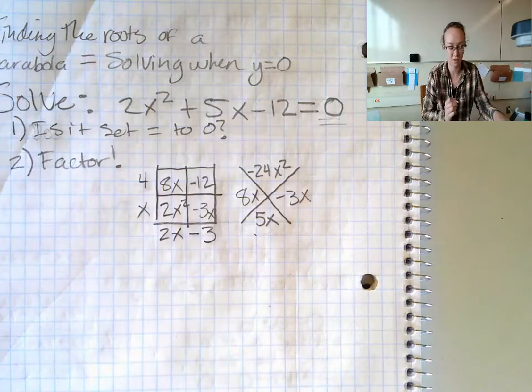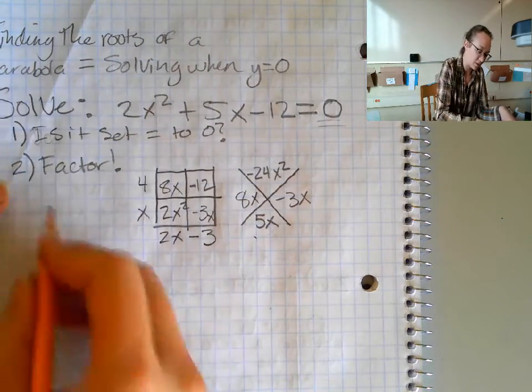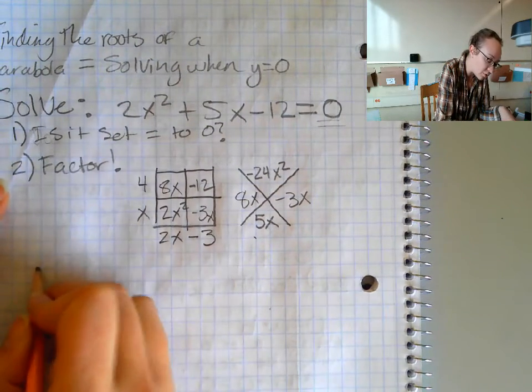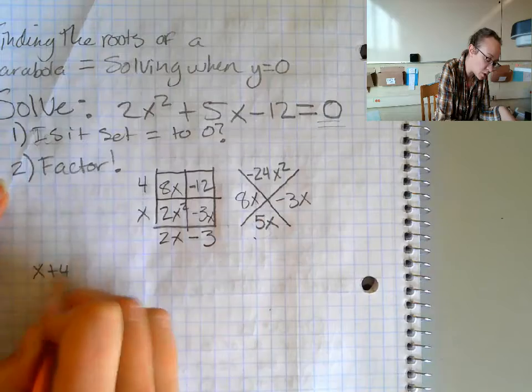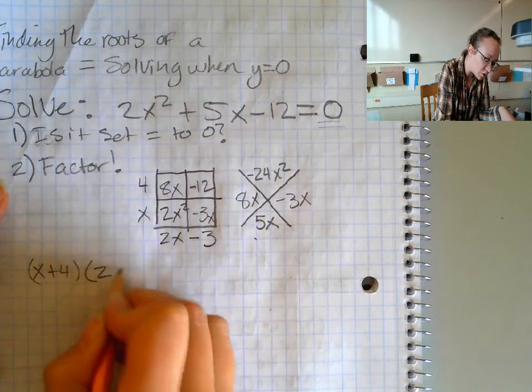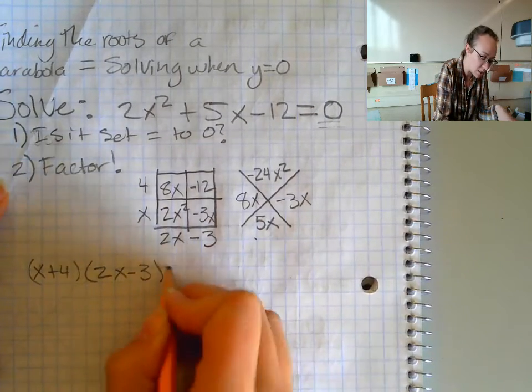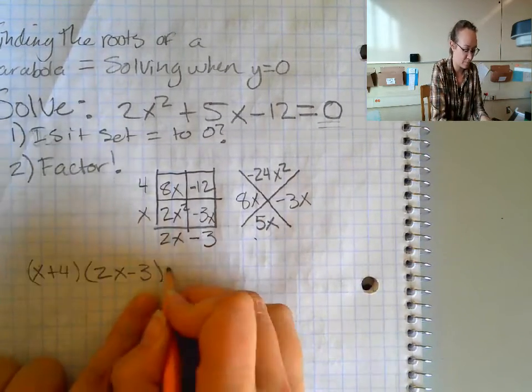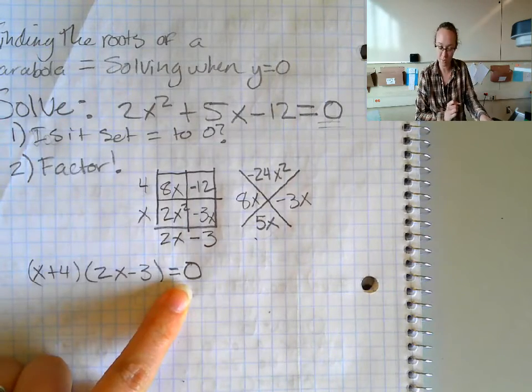And so I factored it now, so now I get x plus 4 times 2x minus 3 equals 0. That was my factoring step.